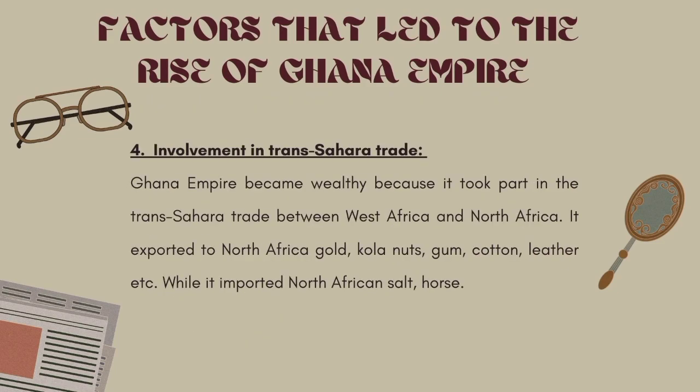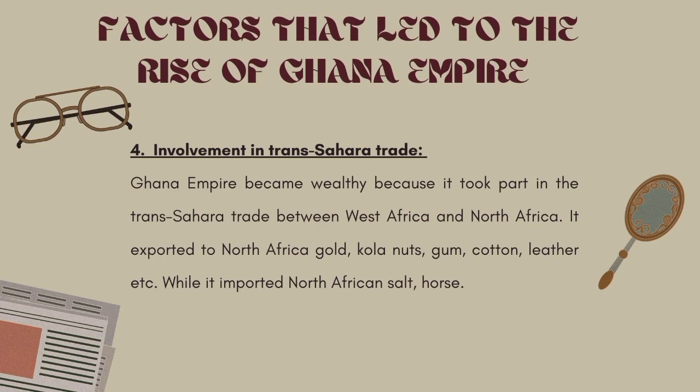Then another factor we'll be considering for the rise of Ghana Empire is their involvement in trans-Sahara trade. What do we mean by trans-Sahara trade? This is the trade between the West African countries and the North African countries across the Sahara Desert. Ghana Empire was also involved in this trade.